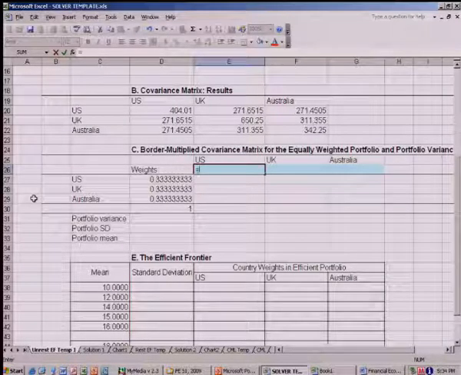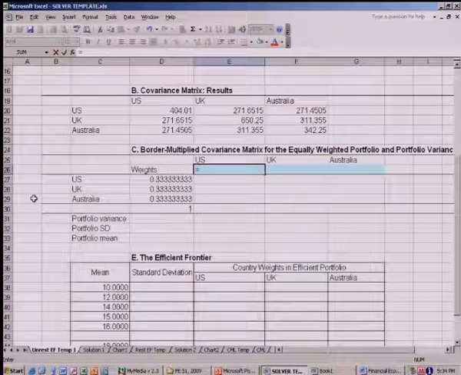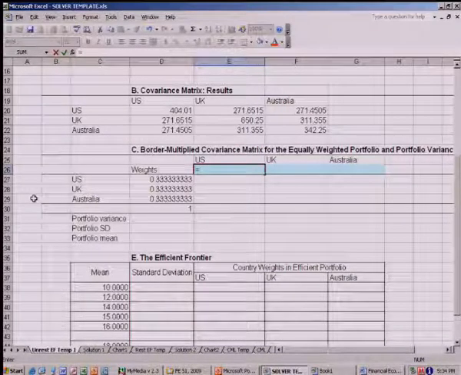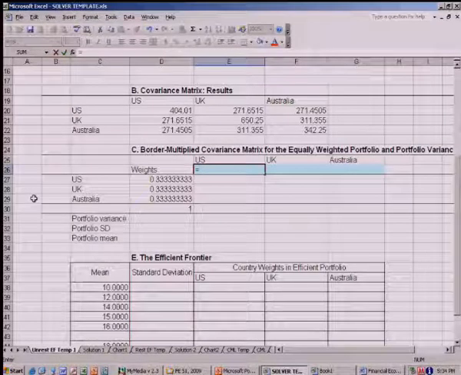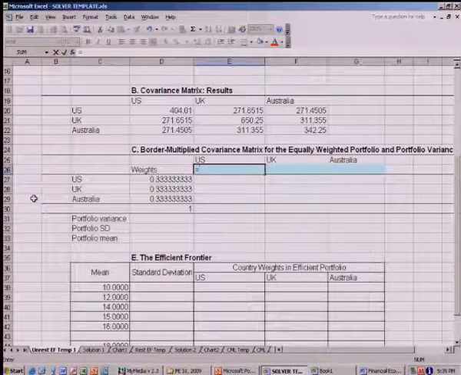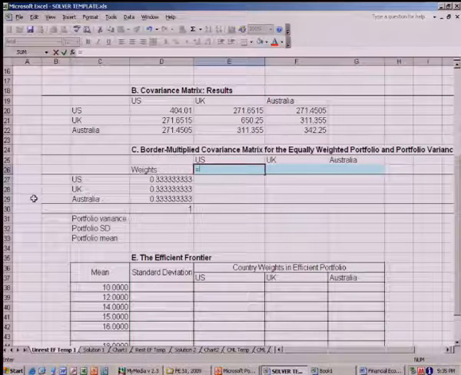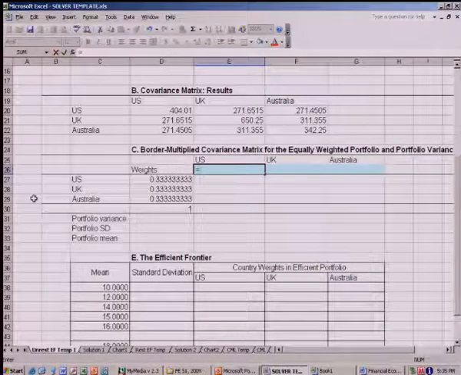What you actually have to do is make a reference to the appropriate cell in the border column. So if you want to enter the weights for the US asset, you actually have to refer to the border column which contains weights on the US asset.